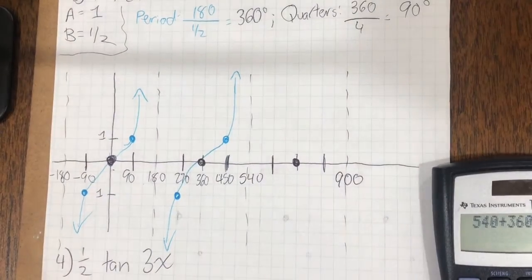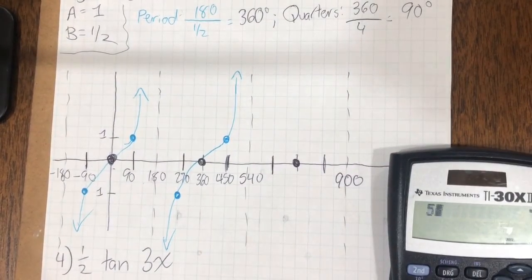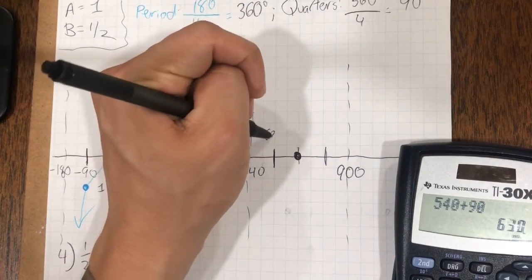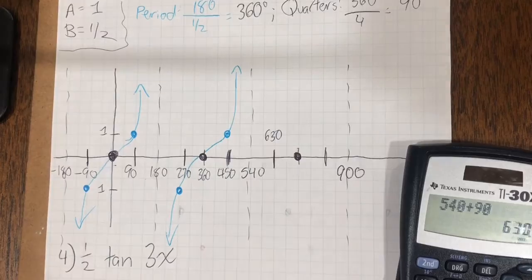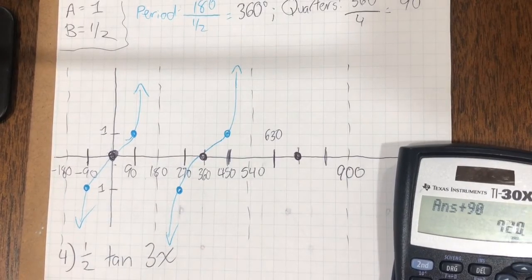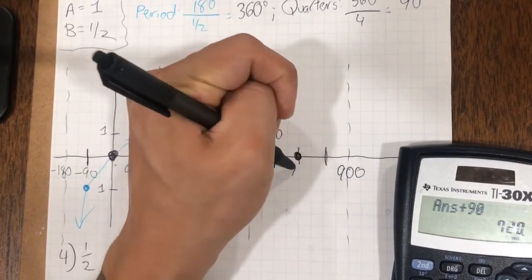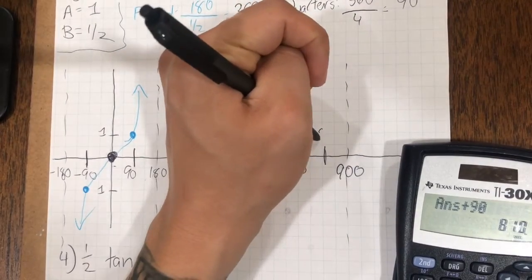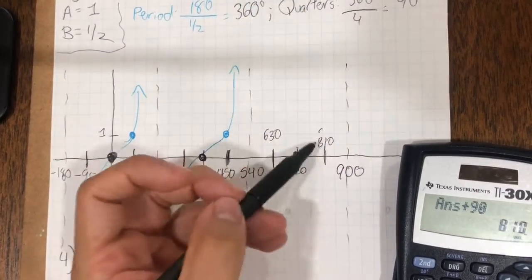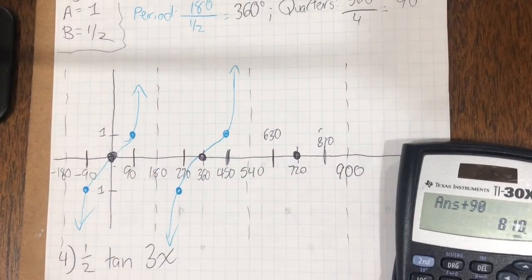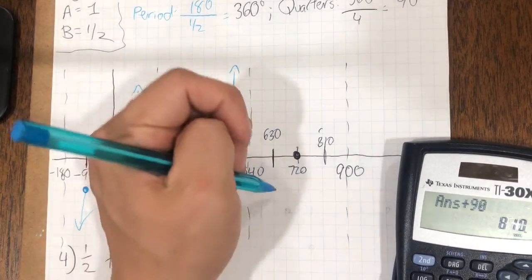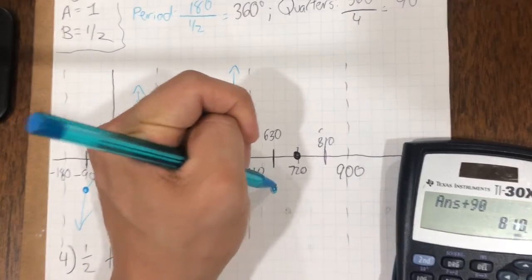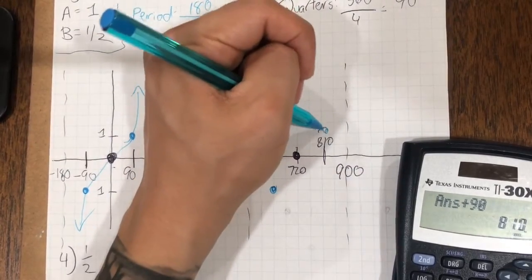So I go from 540 to 630, add 90, 720, add 90, I get 810, and then add 90, that should get you 900. And then we have the pattern for tangent. We start off at low, then mid, then high.